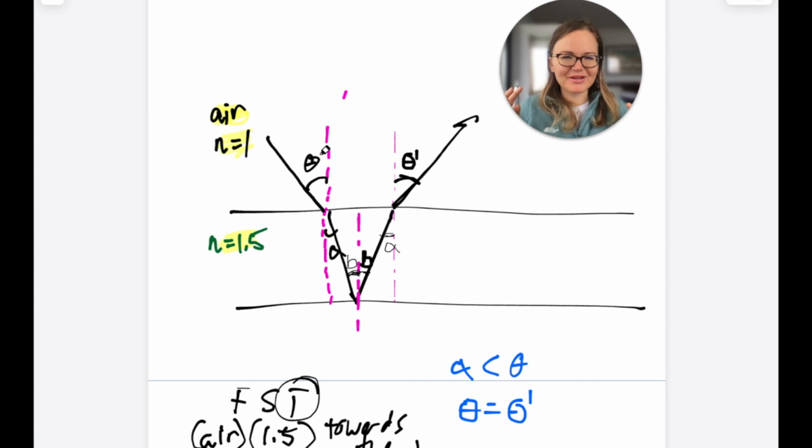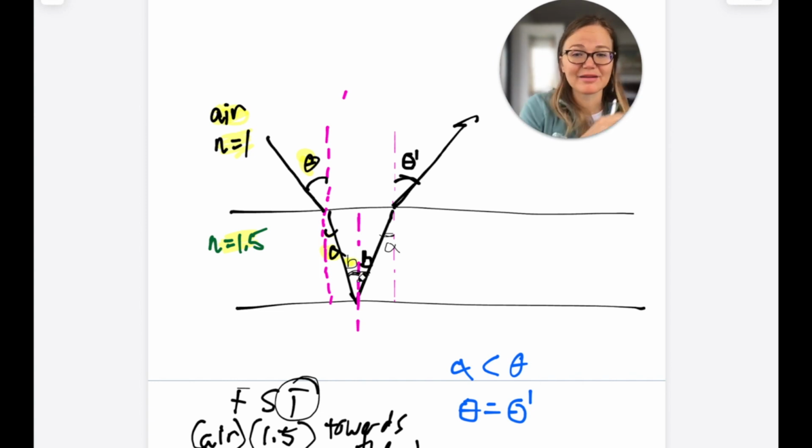So just to review one more time what happened. Well, we had a ray of light. It was traveling through air. It hit a new medium at a certain angle theta. Then that new medium had a higher index of refraction. So the ray of light bent towards the normal here at an angle alpha. That ray of light then hit the bottom of that medium with an index of refraction of 1.5 and was reflected back upwards. And so we can call the angle at which it hit the bottom surface beta.